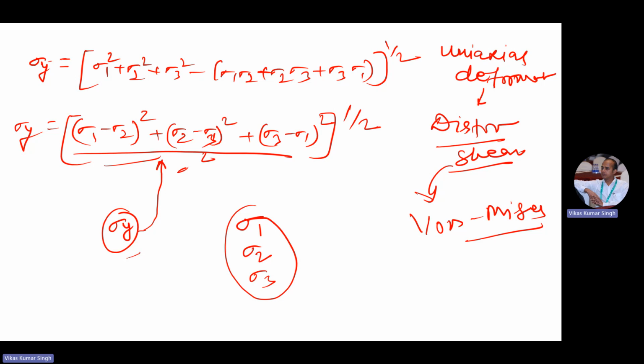Is it clear? I hope this is clear. So this is in three directions, meaning you have sigma 1, sigma 2, sigma 3. Now in the case of plane stress condition, we have sigma 1 and sigma 2 only. Sigma 3 is not there.